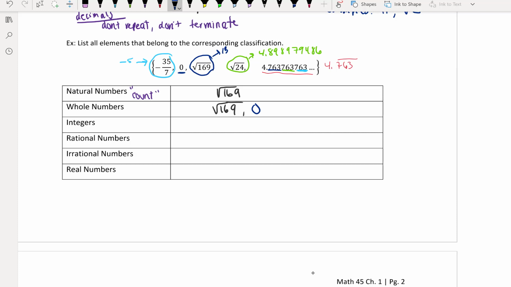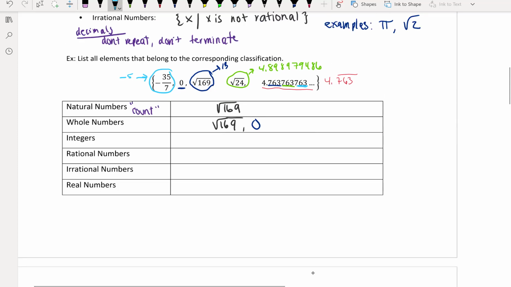So, okay, done that. Now I want to think about my integers. So I have my natural numbers and my whole numbers and all the negative numbers as my integers as well. So I know that -5 is an integer, but the way it's written in my set is -35/7. I'm going to just write that a little bit nicer.